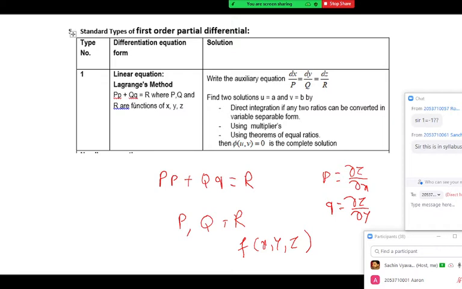So we are here only on the first order linear partial differential equation Pp plus Qq equal to R, where P, Q, R are functions of x, y, z.